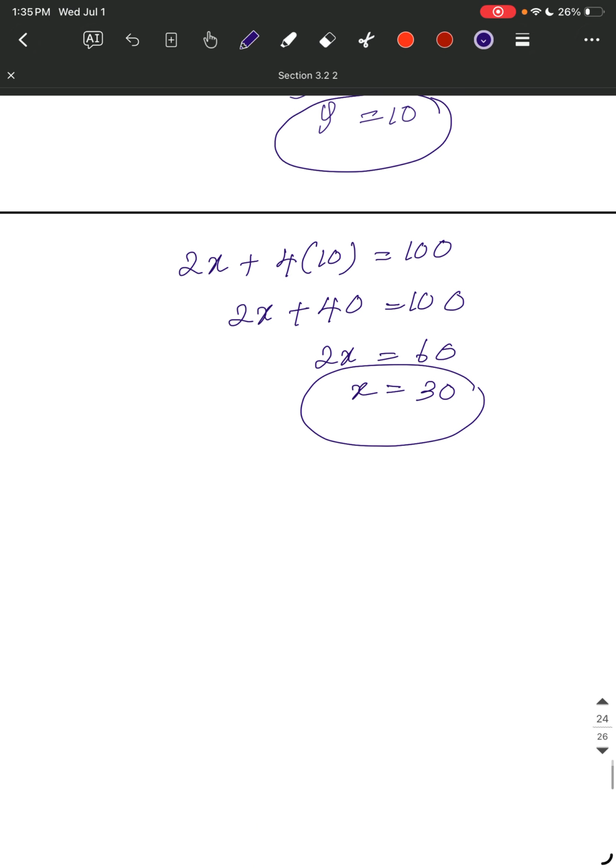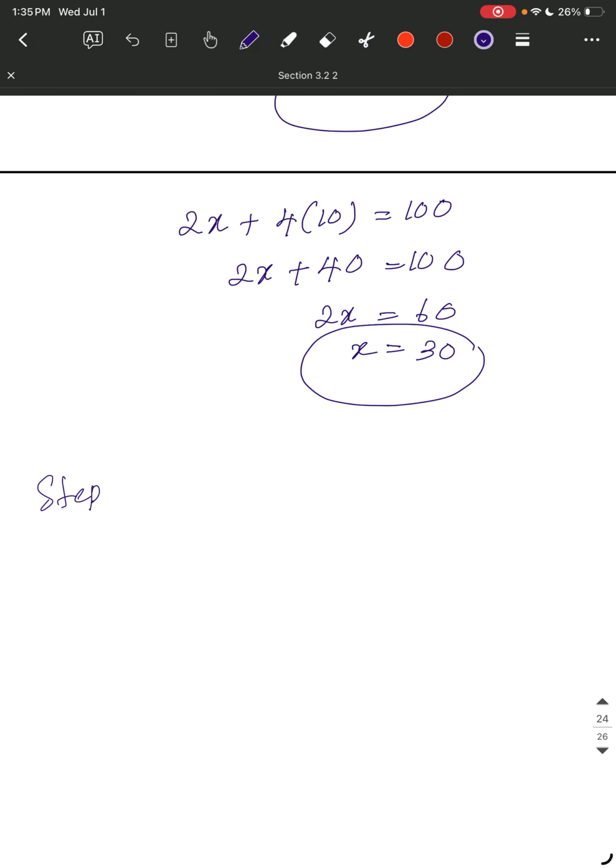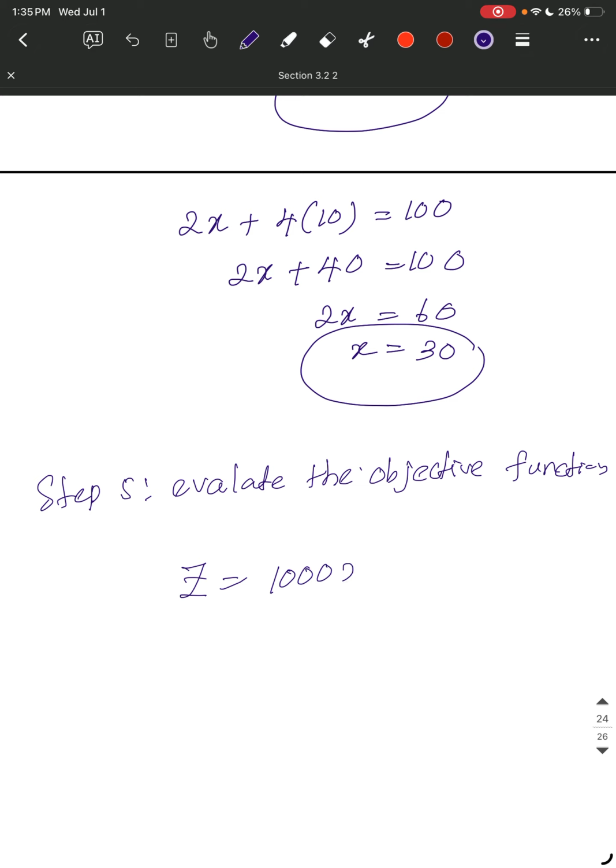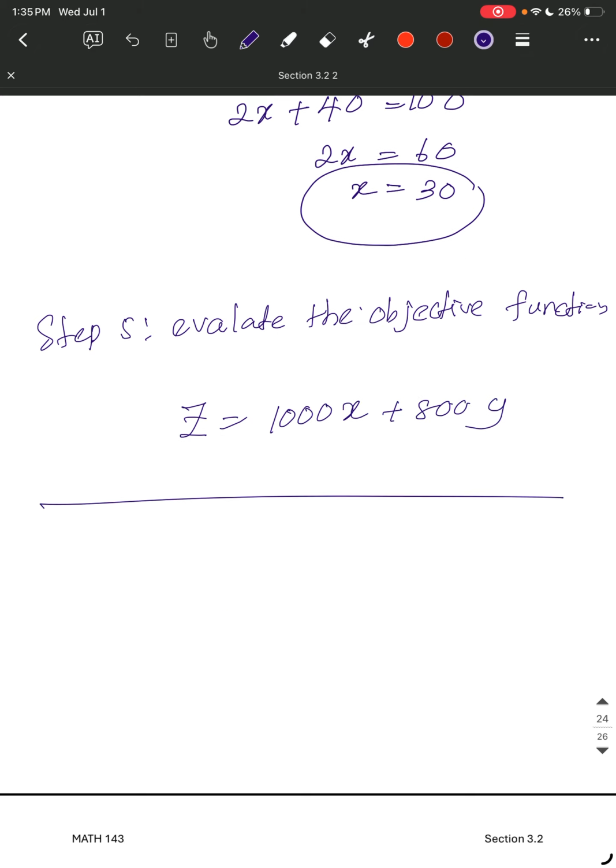Then evaluate step 5, evaluate the objective function. So the objective function was cost function 1000x plus 800y. Then corner points, cost.